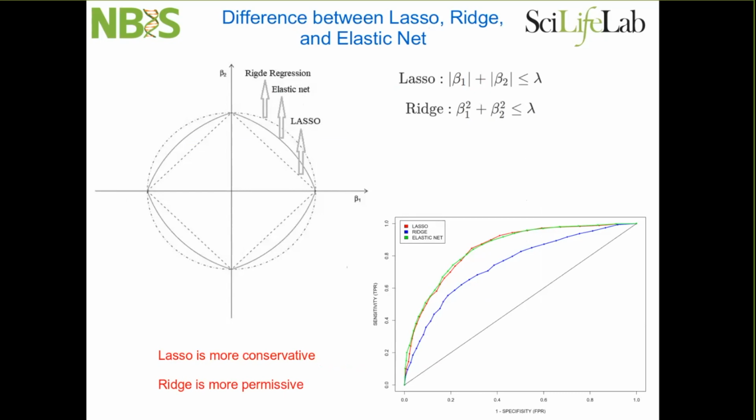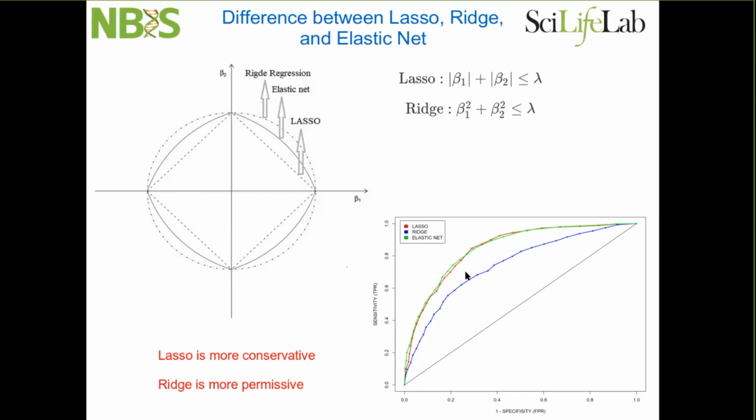You really have a lot of technical factors, and you'd better be as conservative as possible if you want to have a generalizable model. So compared to Ridge and ElasticNet, Lasso delivers as few features, as few genes as possible, but those will be for sure the most informative ones.